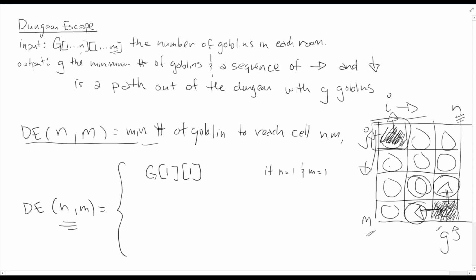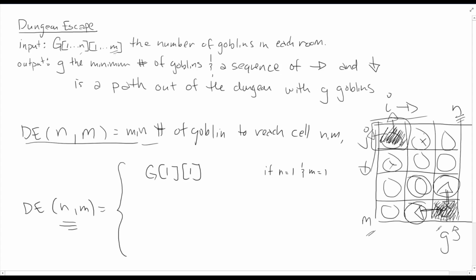Luckily, this one and this one, the one to the right and the one below, are both ones we can now calculate. Now that we have calculated this first one, G11, we could calculate this one to the right. It's just going to be however many goblins it took to reach the room to the left, plus however many goblins are in this room.